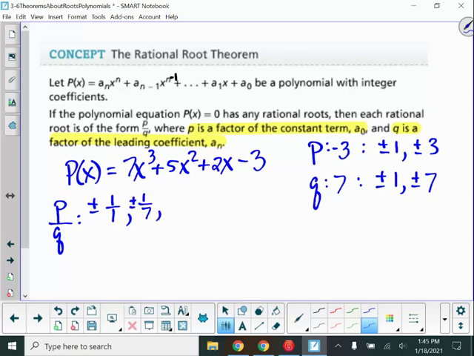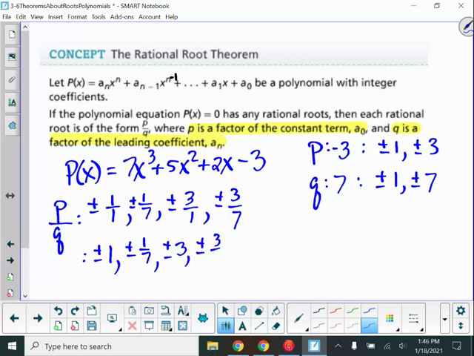Then if I move on to the p of plus or minus 3, I could have 3 over 1, or I could have 3 over 7. So altogether, this is going to simplify to plus or minus 1, plus or minus 1 seventh, plus or minus 3, plus or minus 3 sevenths.